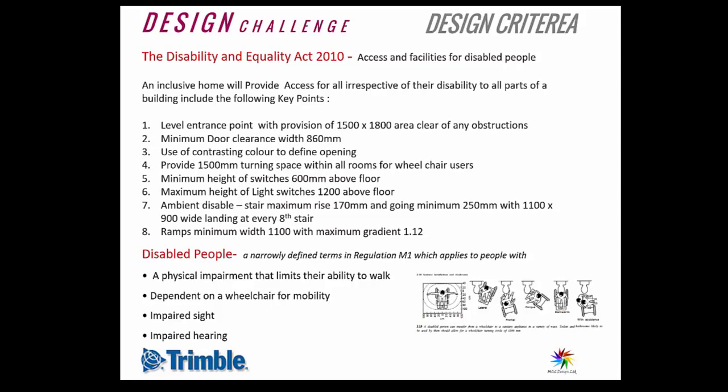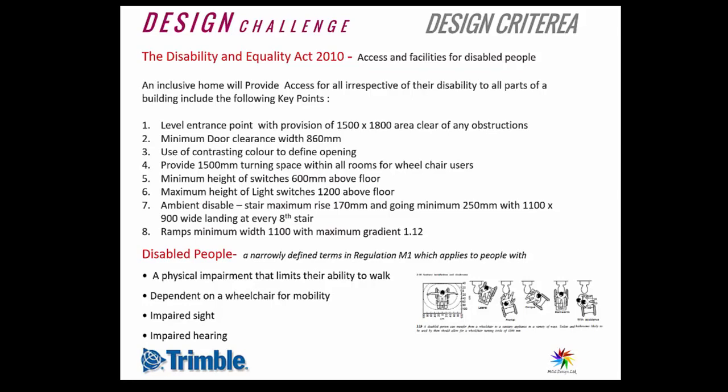Other things that we need to consider is provision for 1500mm turning spaces within all the rooms for wheelchair users. We need to consider heights of switches to be 600mm above floor level, and a maximum height of light switches of 1200mm.